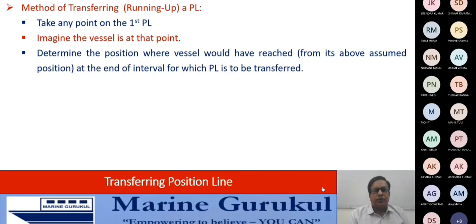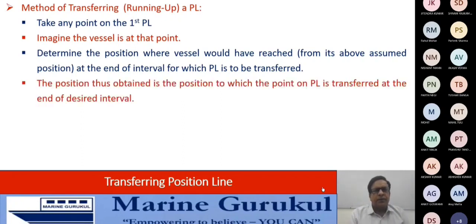Determine the position where the vessel would have reached from its assumed position at the end of the interval for which PL is being transferred. The position thus obtained is the position to which the point on the PL, the assumed point on the PL, is transferred at the end of the required interval.